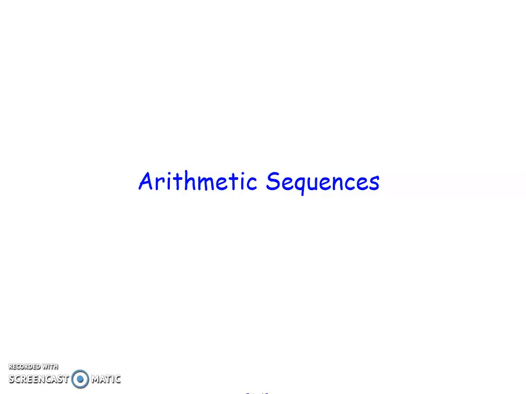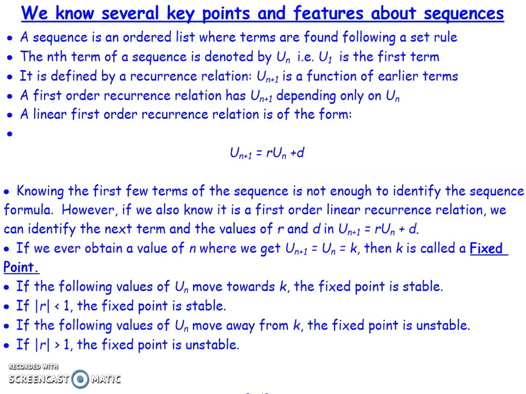First thing though is we need to make sure that we know some of the terminology and some of the basics of sequences that we should have covered at the various levels up to this point. So the first thing we need to remember is a sequence is an ordered list where terms are found following a set rule. There's a rule that determines how each of the terms is calculated, and you have to use that.